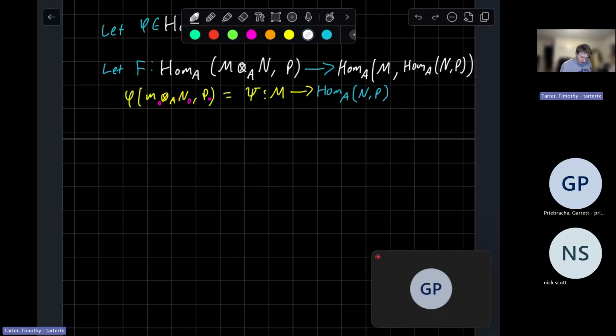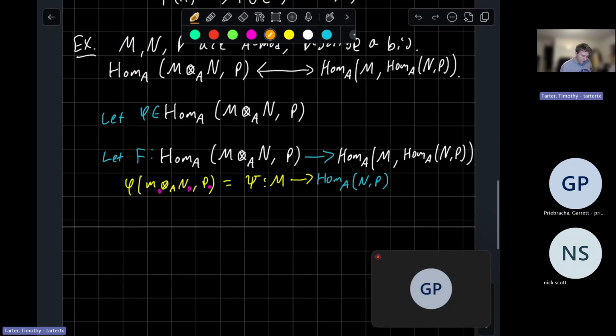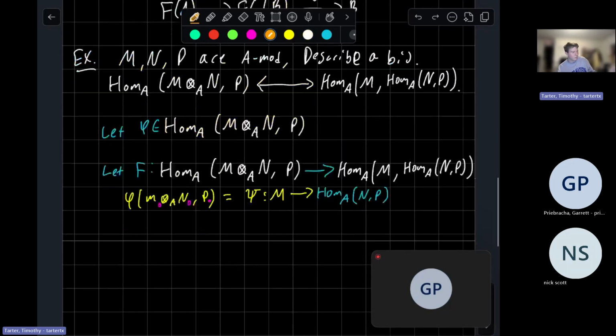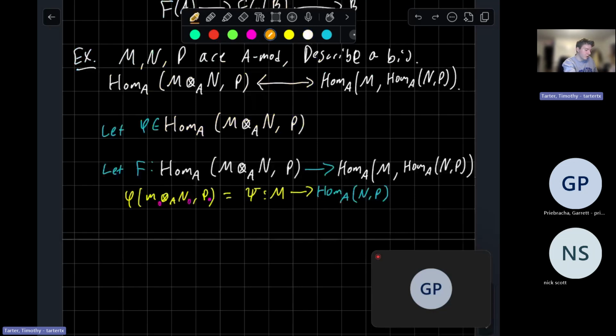We need something injective so that any two maps that are the same over here are the same over here. If we're thinking about morphisms between N and P, we want to use the universal property of tensors, is the hint.